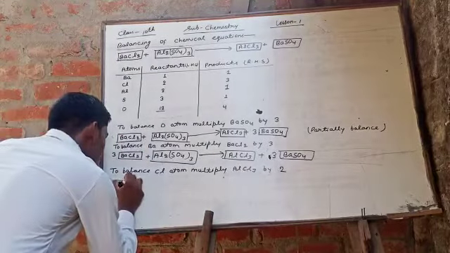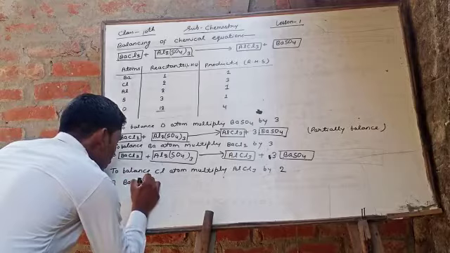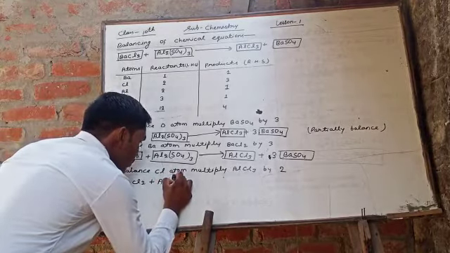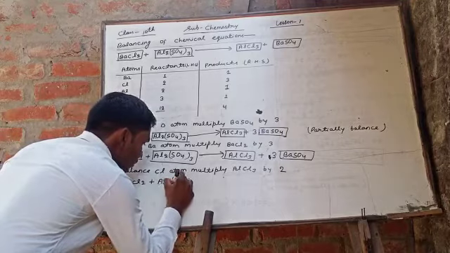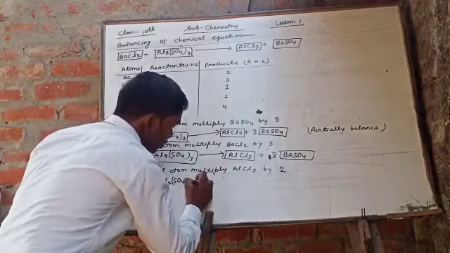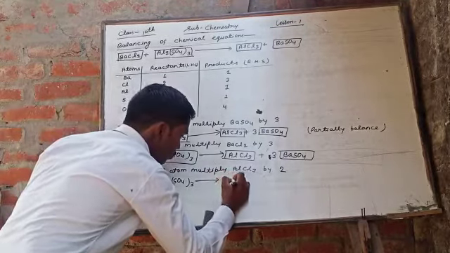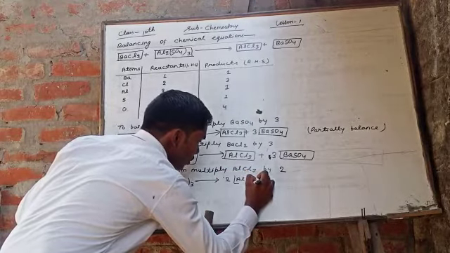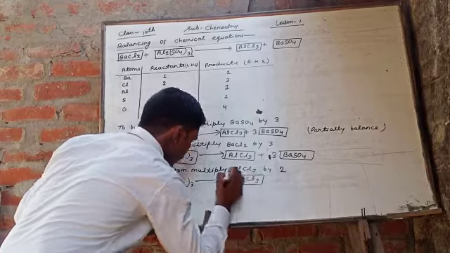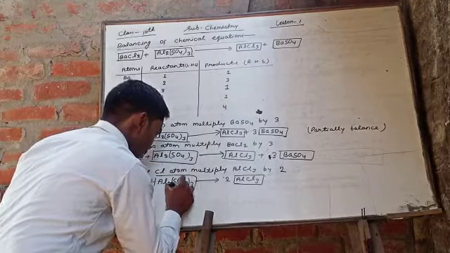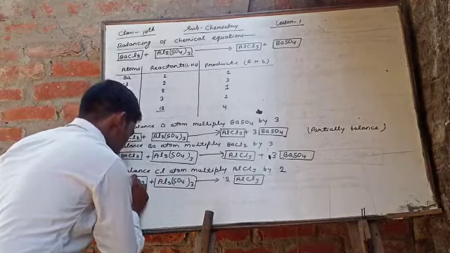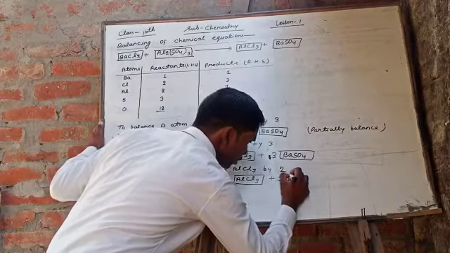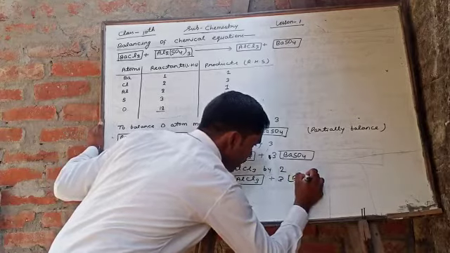So 3BaCl2 plus Al2(SO4)3 is equal to 2AlCl3 plus 3BaSO4.